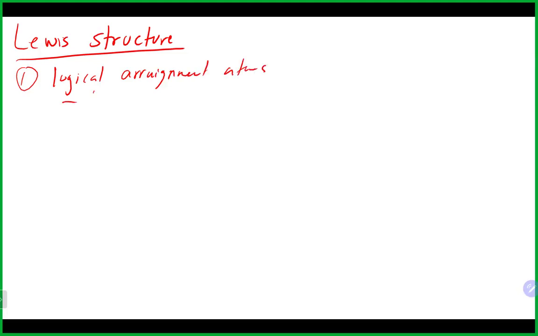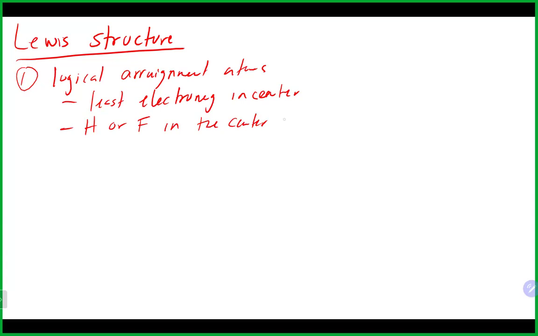Remember that it's usually the least electronegative atom in the center. Because of that, we will never really see hydrogen or fluorine in the center. So you don't want to do that.